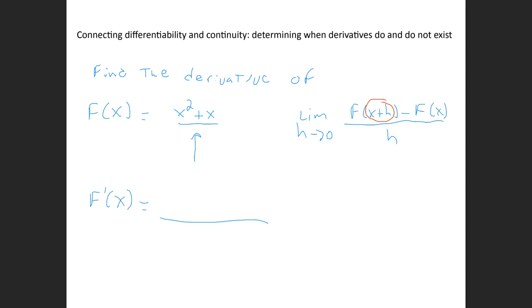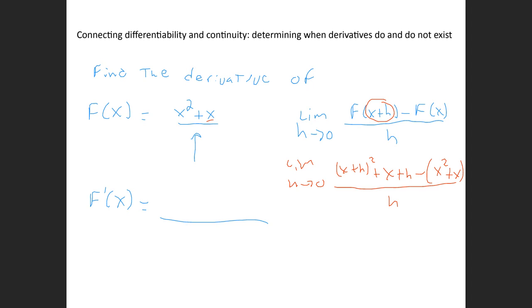So that's going to be the limit as h approaches 0 of x plus h squared plus, and then I have another x here, so I have to put x plus h again. So that is the first thing, minus f of x. Well, that's x squared. Now remember, I put parentheses in here because it's going to be really tricky. All right, so that's my top, and the bottom is just h.